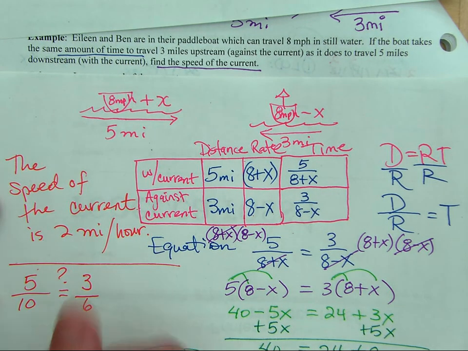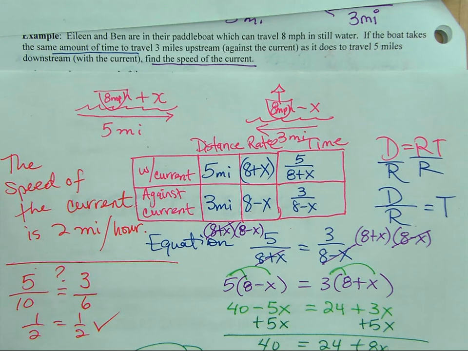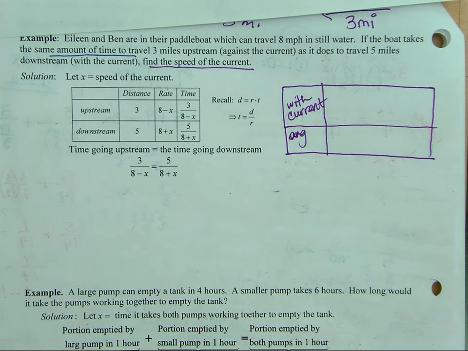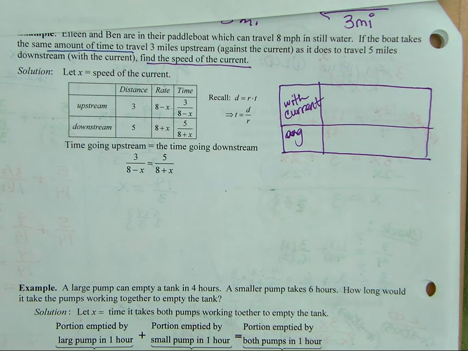And they are. Yeah, they're both equal to 1/2. And so that means that the time, if the distance divided by the rate is the time, is half an hour. Okay. Well, let's actually stop this one, and we're going to do the next one in the next video.